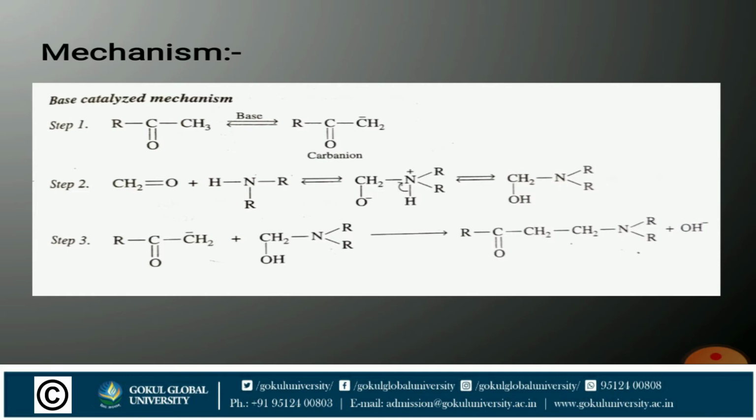Now step 2: the formaldehyde and amine react with each other, the carbonyl group breaks the bond between carbon and oxygen, and the hydrogen of the amino group attaches to the oxygen and becomes a hydroxyl group.